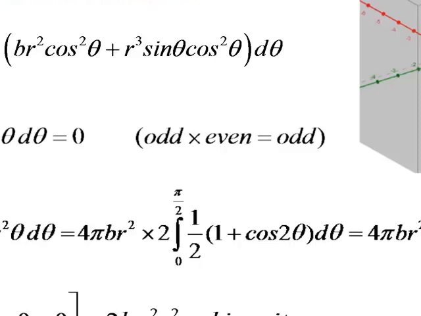Well, we can simplify it a little bit, because we know that cos squared is even and sine theta is odd, so the product of an odd and even function is an odd function. So we can use the properties of an odd function integral from minus pi on 2 to pi on 2 being 0. That's going to simplify things nicely for us, and just drop out that b squared r squared cos squared theta part, which we're going to need to integrate.